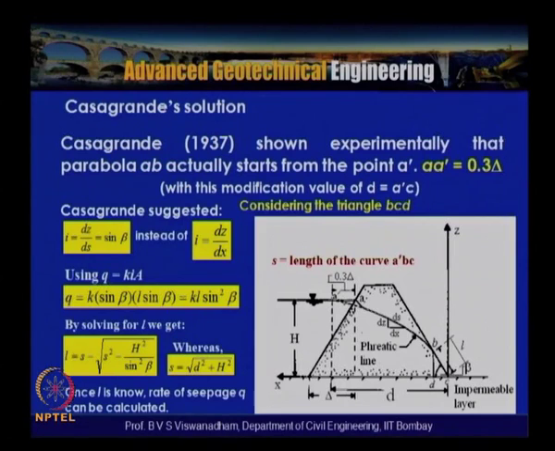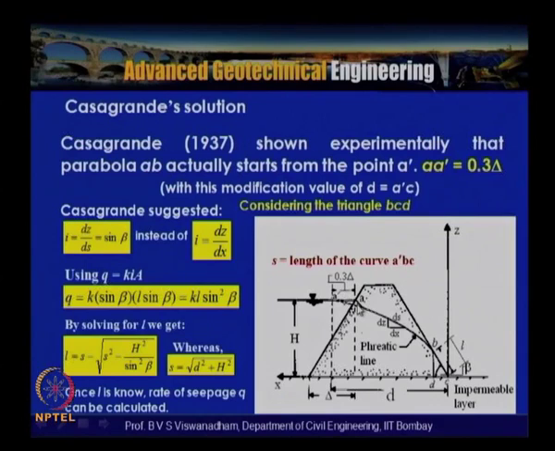In 1937, Casagrande showed experimentally that the parabola AB actually starts from point A dash, where AA dash is equal to 0.3 delta. So the parabola was assumed in the Casagrande solution to start at this point instead, which is the entrance correction given by 0.3 delta.